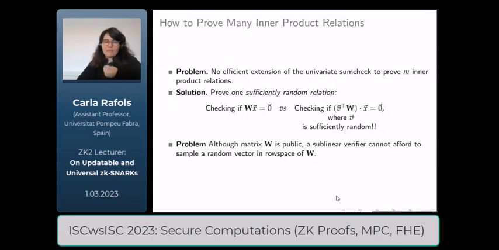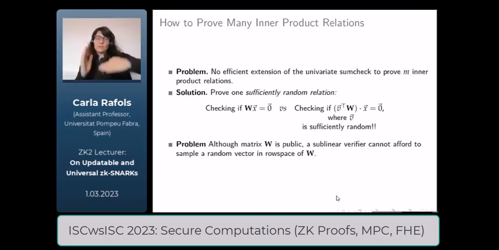And this is where we have problems, okay? Because there is no efficient extension of the univariate sumcheck that allows me to prove m inner product relations simultaneously, okay? So the relation I want to prove is a vector equal to a matrix times a vector. This means that each coordinate of A is the inner product of one row of L and a vector, okay?